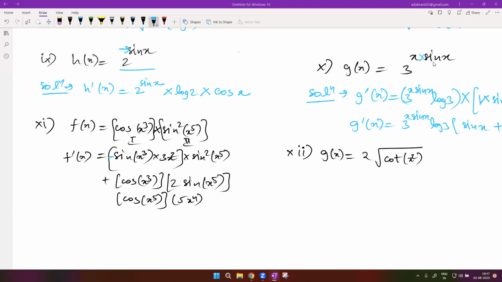Minus cosec 2x by root of cot square x. Okay. I think it should be correct, but let me solve this one also.